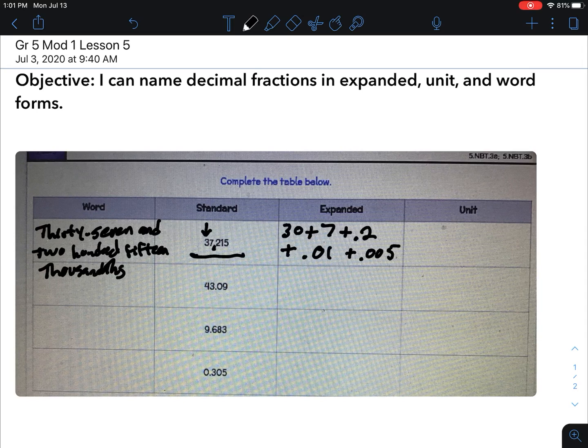And then the unit form is the one that takes a lot to write and might be a little trickier. So unit form, you're just breaking down each digit as far as the number. So in this case, a 3, and then the 3 is in what place. So what do you multiply the 3 by to get the value of 30?